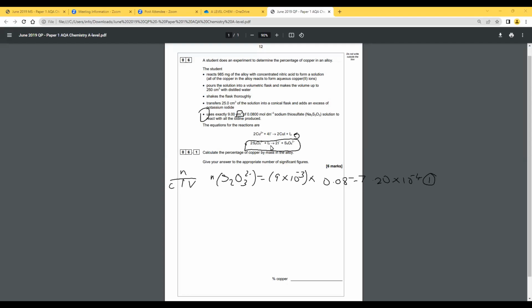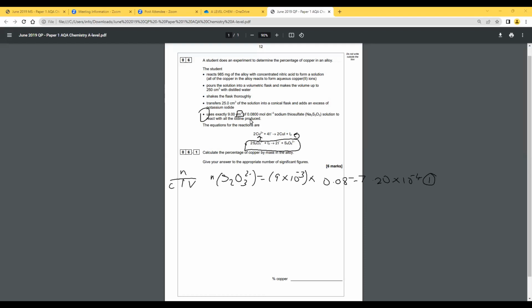Now, if we use our ratios and look back at this, for every 2 moles of sodium thiosulfate, it reacted with 1 mole of iodine, and 1 mole of iodine was produced here as well. So 2 moles of copper iodide and 1 iodine. So the ratio doesn't change for iodine, and therefore when we're looking at the copper, it's 2 and 2.